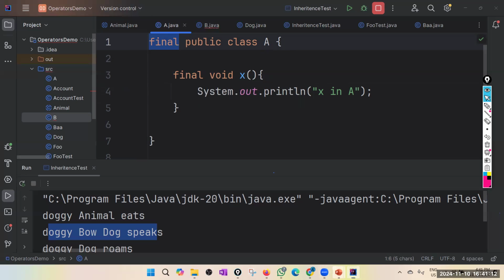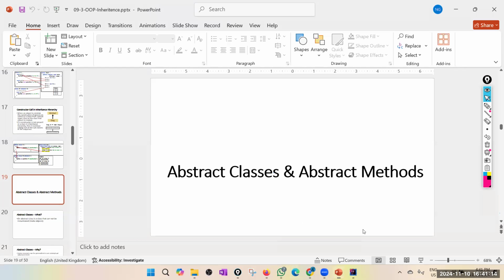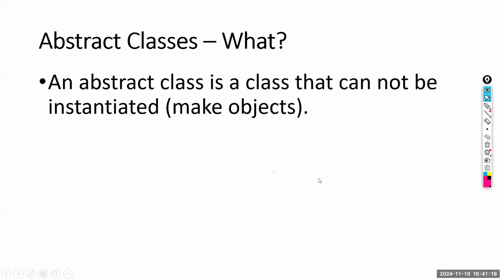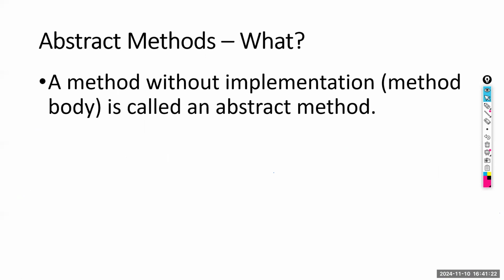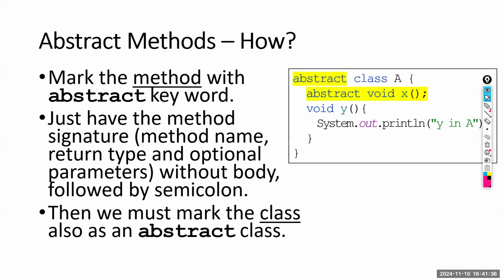So that's it about simple inheritance. We discussed what an abstract class and an abstract method are. Abstract methods you must override in subtypes. If it is an abstract class, you can't create objects out of it. And if you have at least one abstract method, you must mark the class as abstract as well.